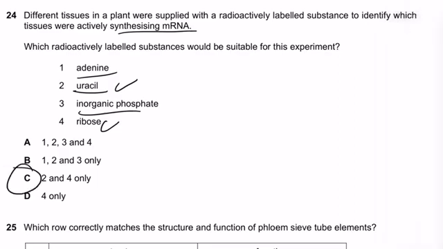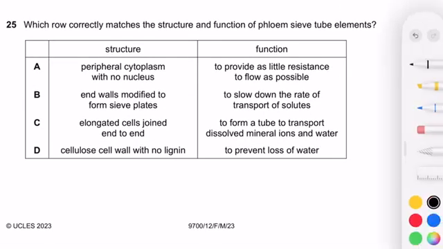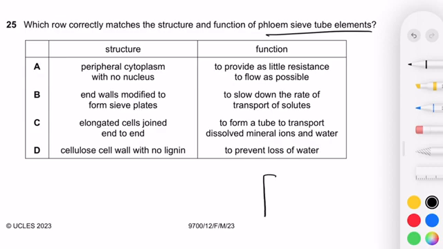C. Now 25. Which row correctly matches the structure and function of the phloem sieve tube elements? The structure, peripheral cytoplasm. Okay, the phloem sieve tube elements, let's go ahead and draw them. So basically, let's say this is the wall it shares with the companion cell.